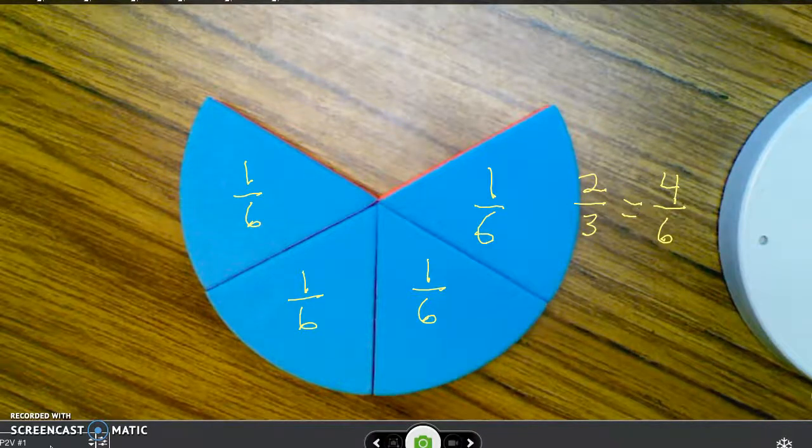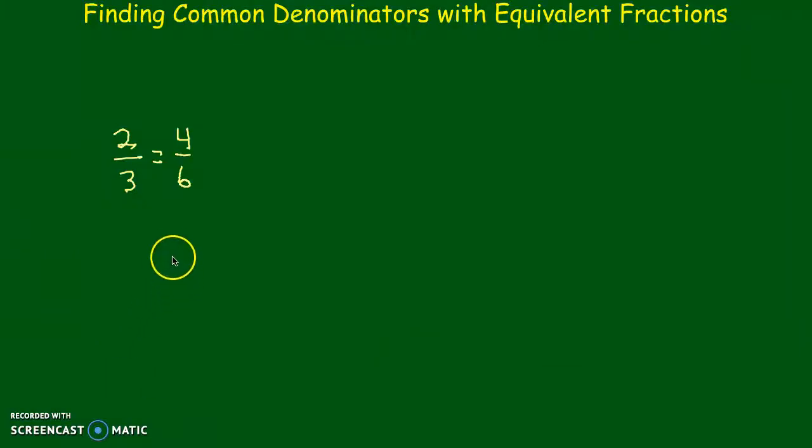Now we're going to change screens here and show a different way of finding equivalent fractions without using the fraction circle pieces. Our picture showed that 2/3 equals 4/6, and now we're going to talk about a different way of finding out. So we have 2/3. How can we get to 4/6?